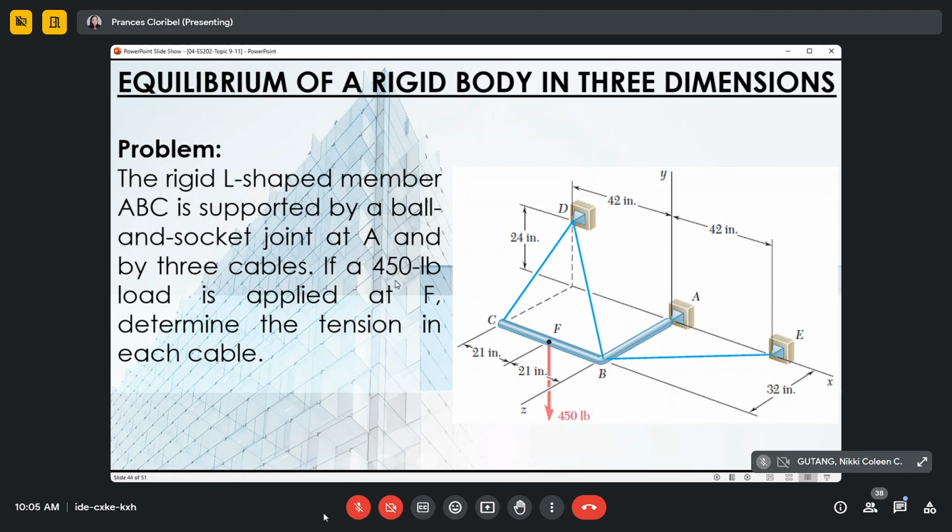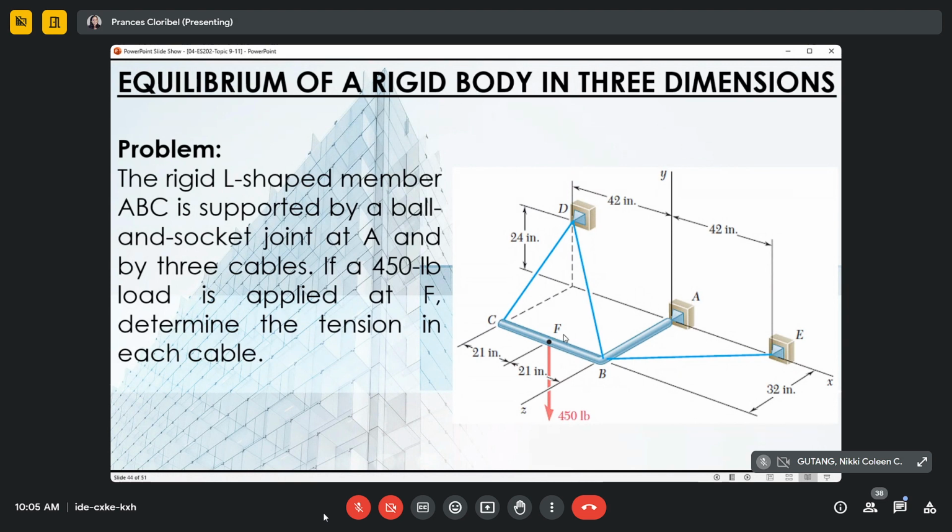If a 450-pound load is applied at F, determine the tension in each of these cables. Only the tension in the cables is asked, but since our free body has a reaction at A, we cannot solve for the tension without also determining the reaction at A. So we sum up all the forces acting on the body.